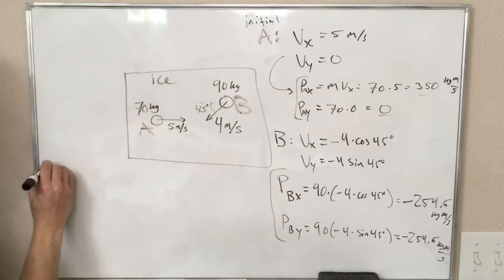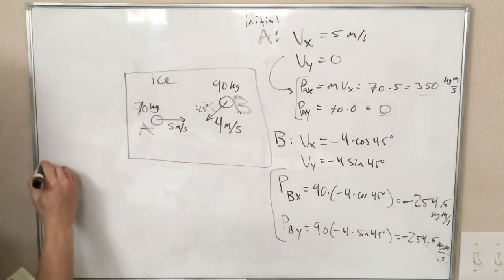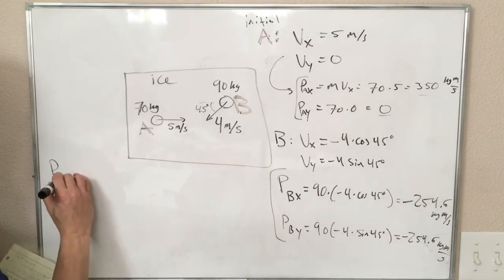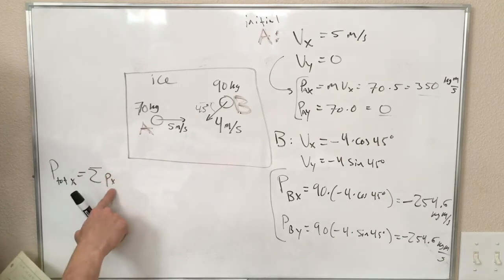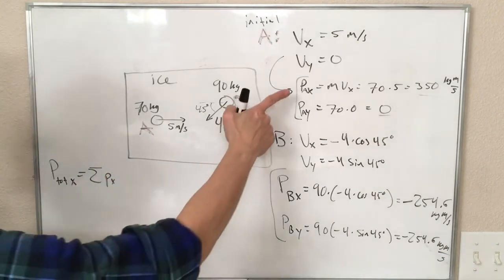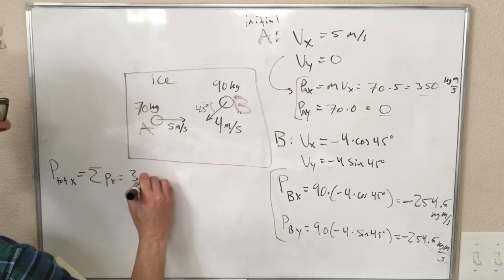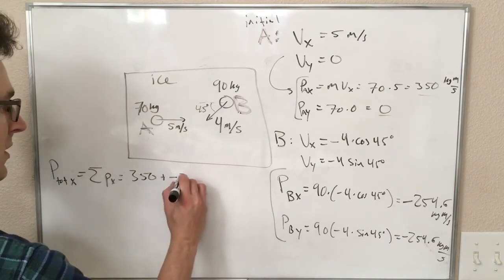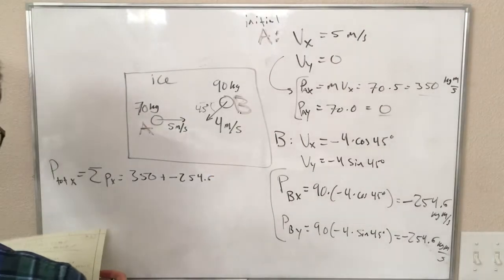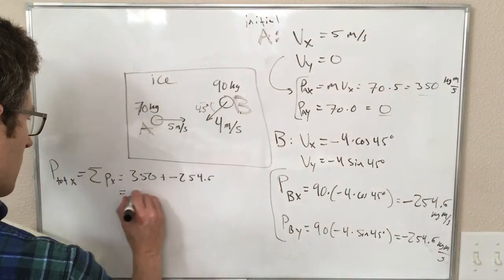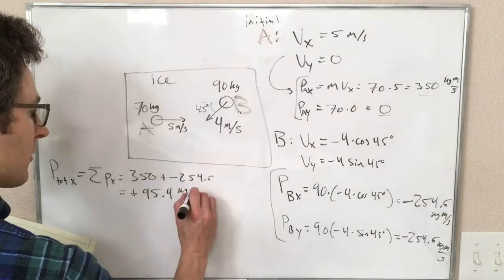So the sum of our, well, let's do it this way. Our total x component of our momentum is the sum of all of the individual x components, and that is this and this. So this is equal to 350 plus minus 254.6 kilogram meters per second, and that is equal to positive 95.4.